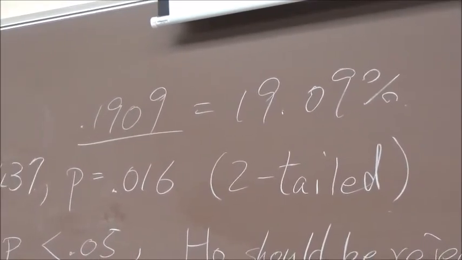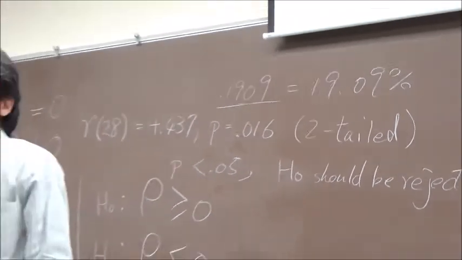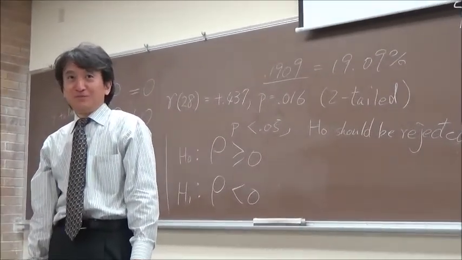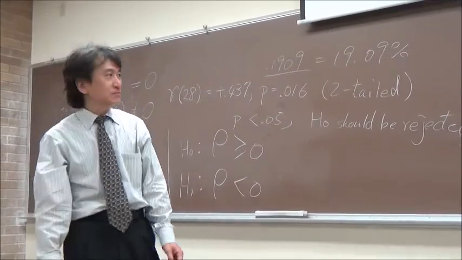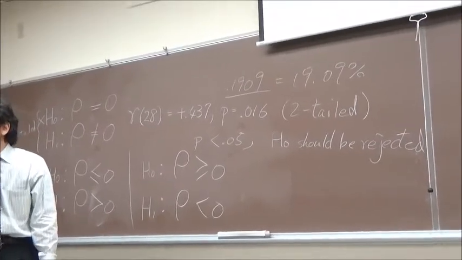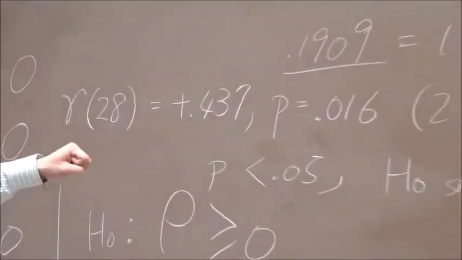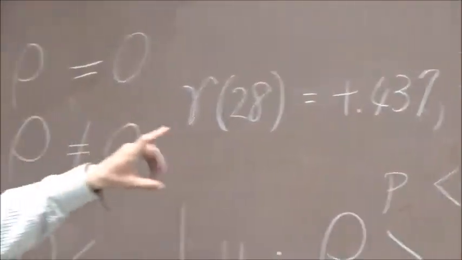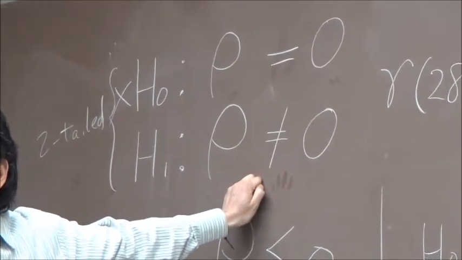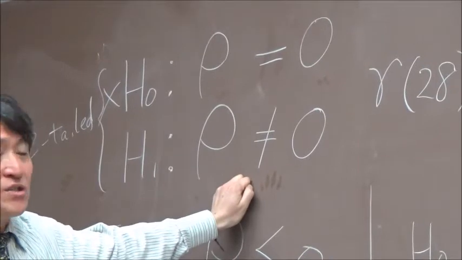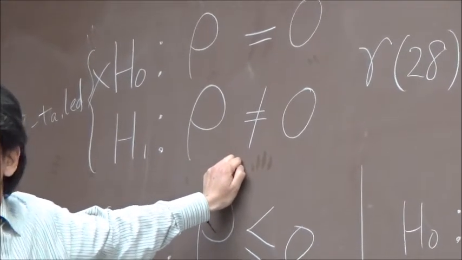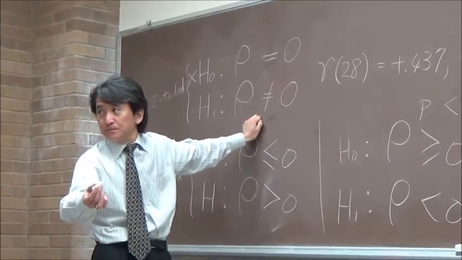Exactly. Do you see that? Right? Very good. H0 should be rejected. Therefore, there is sufficient evidence to conclude that a correlation exists between the quality of marriage and the quality of parent-child relationship.